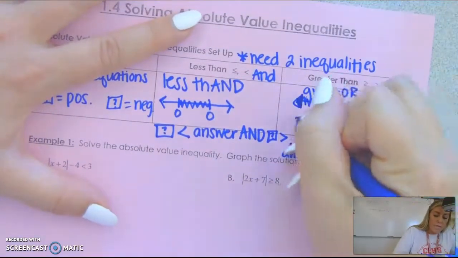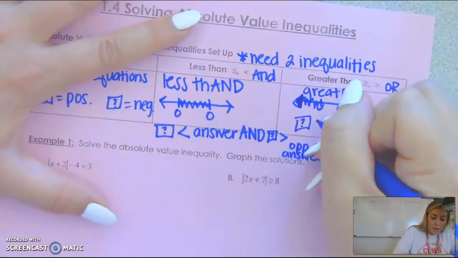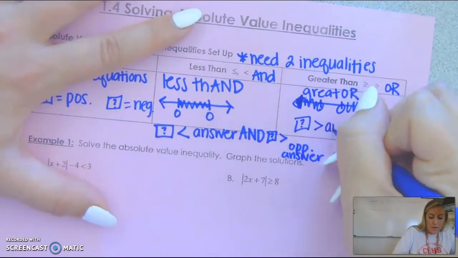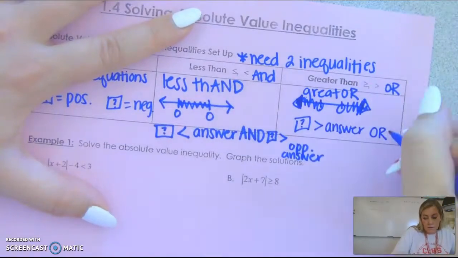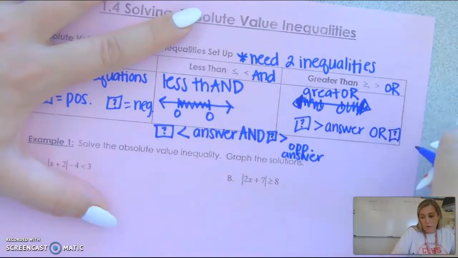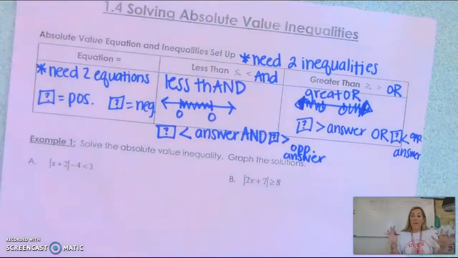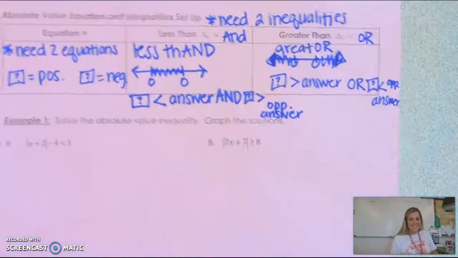So you would have a number, your sign, the answer, or, your number, the other sign, opposite answer. Again, I promise it'll make more sense once we do it.